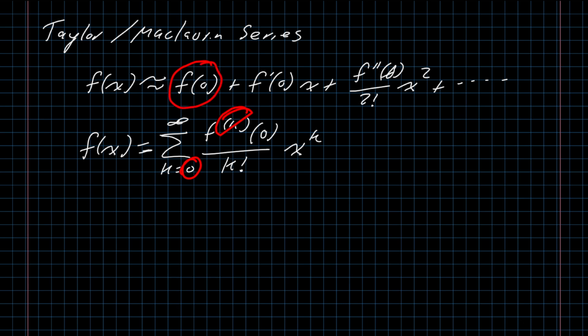So when we plug in the 0th derivative, we get f of 0. When we plug in the first derivative, we get f prime of 0 divided by 1 factorial. Then the second derivative would be f double prime, again evaluated at 0, divided by 2 factorial in this case. And that is the Maclaurin series.